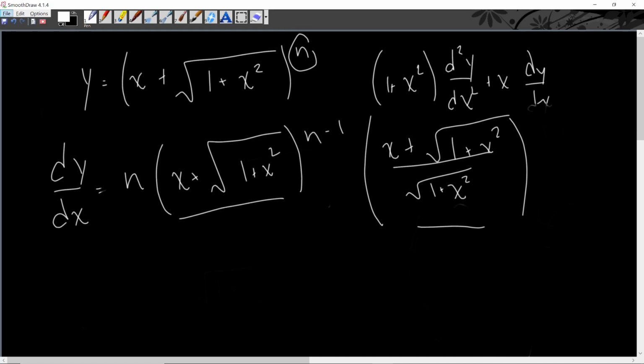And now from here, we are going to say that this is equal to, well, we're just going to bring this to the numerator.